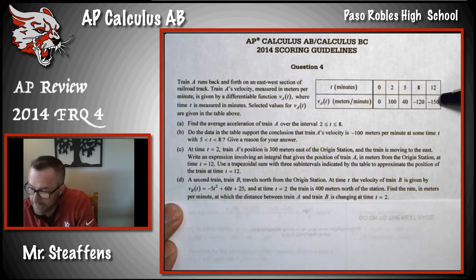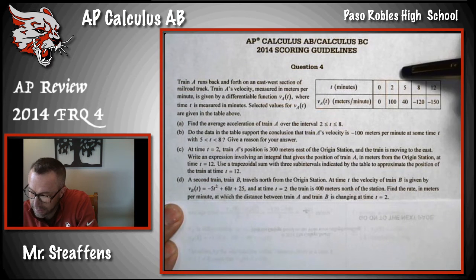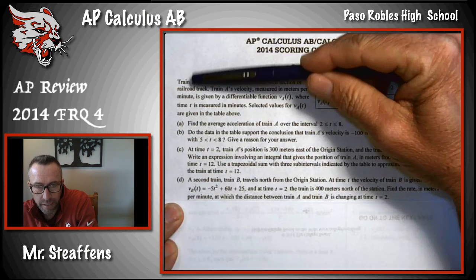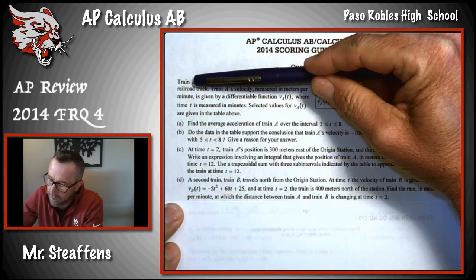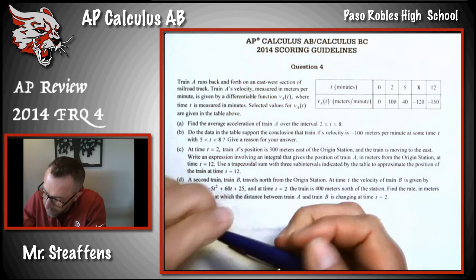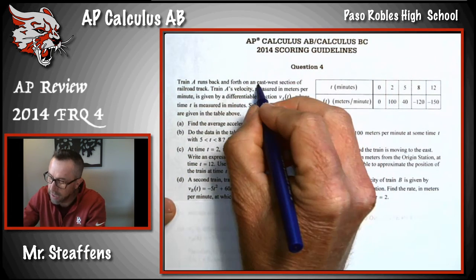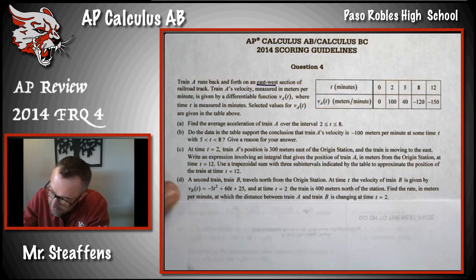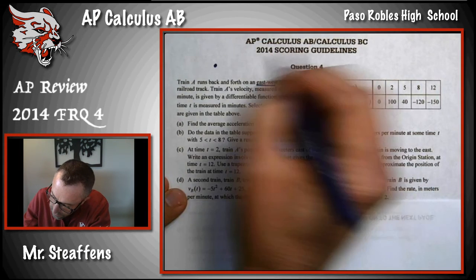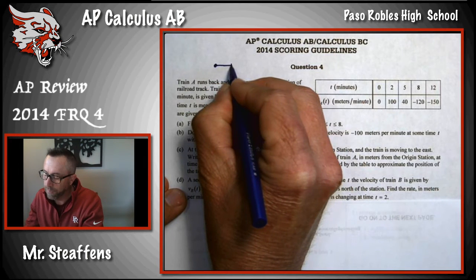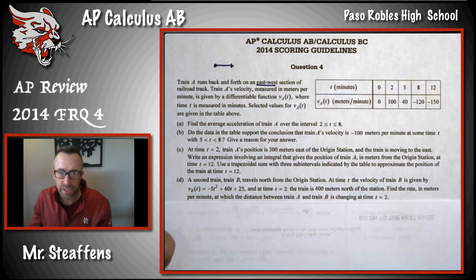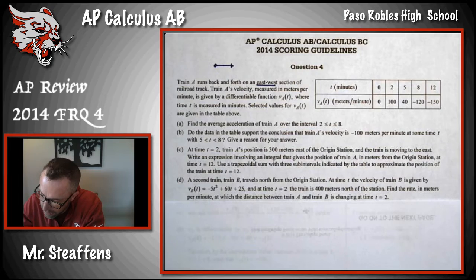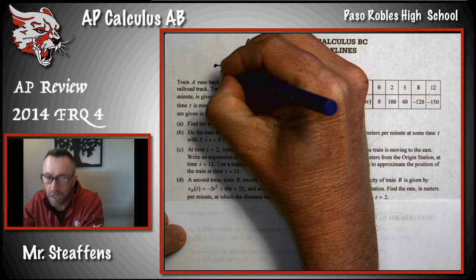So here's basically what's happening in this problem. It's telling me there's a train, and my train is heading down a track that's east and west. So it's not really important whether it's going east or west, but it is going east or west. So if I think of what that means, here's my origin station. I'm heading in a direction. And rather than tell me the position of this train A, it's actually going to be the velocity on this map.